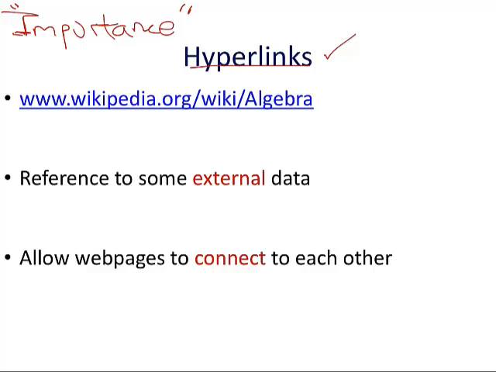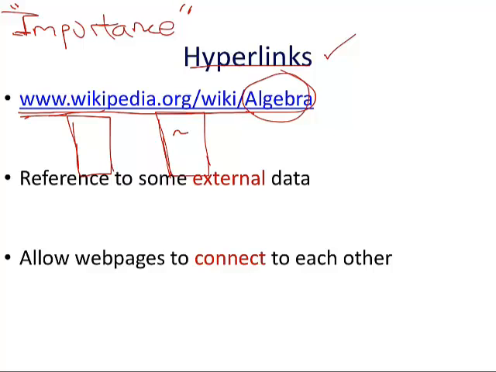So for instance, if we had on this page a reference to www.wikipedia.org/wiki/algebra, and we had a URL on this page, directly clicking there, then we would basically be establishing a hyperlink from our page to this Wikipedia page on algebra.